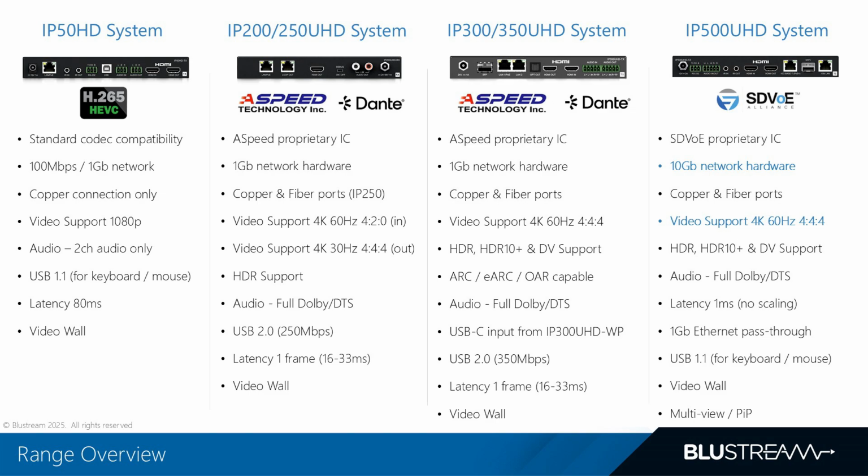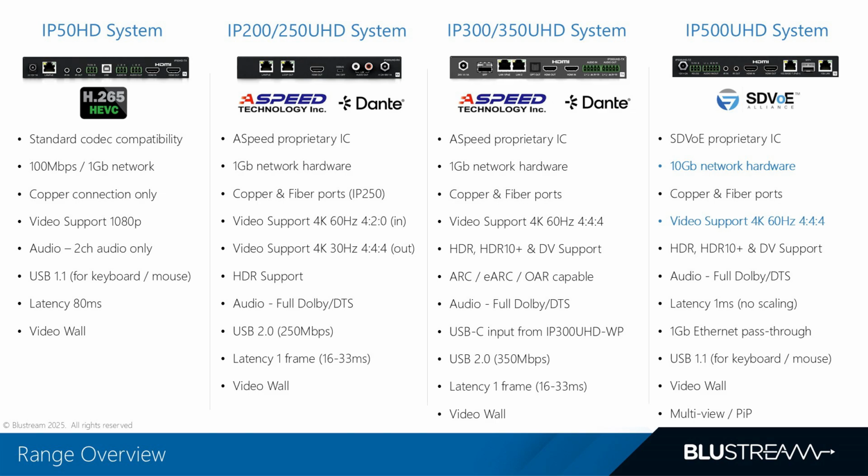Now, rounding out the Blustream video over IP lineup is our flagship solution, the IP500 UHD series. Now, this platform is built on the SDVoE standard, delivering 18 gigabits full bandwidth HDMI video over a 10 gigabit network infrastructure. So what does that mean in practice? Well, virtually lossless video quality with minimal compression.